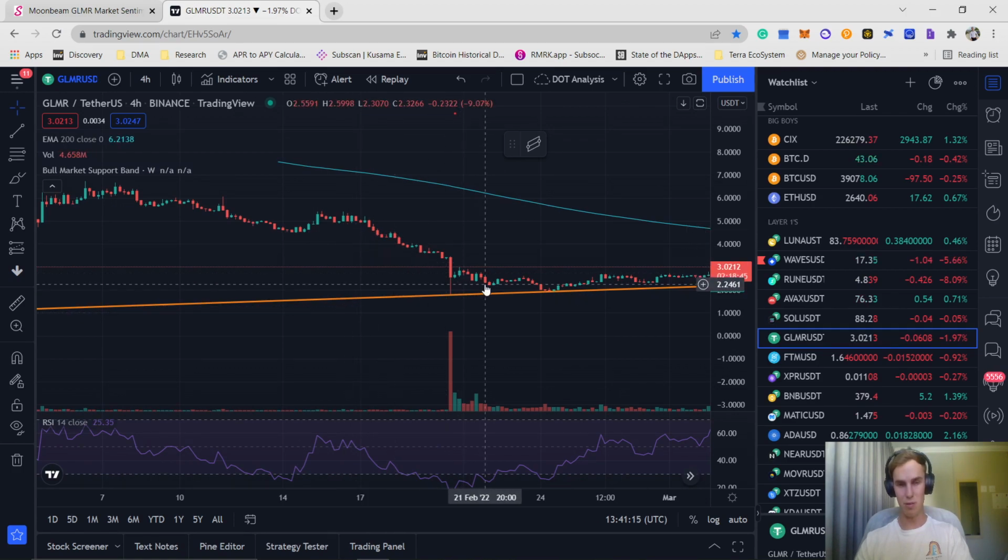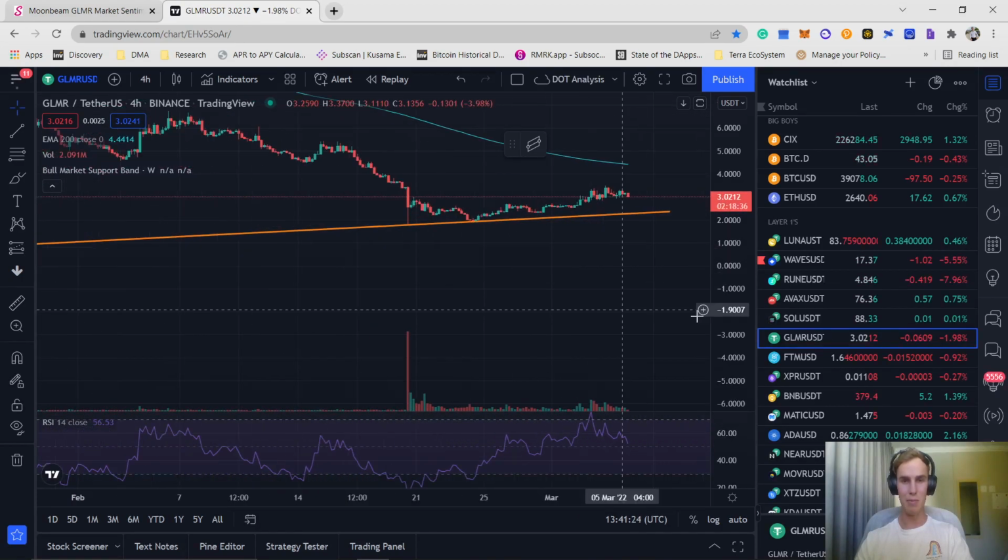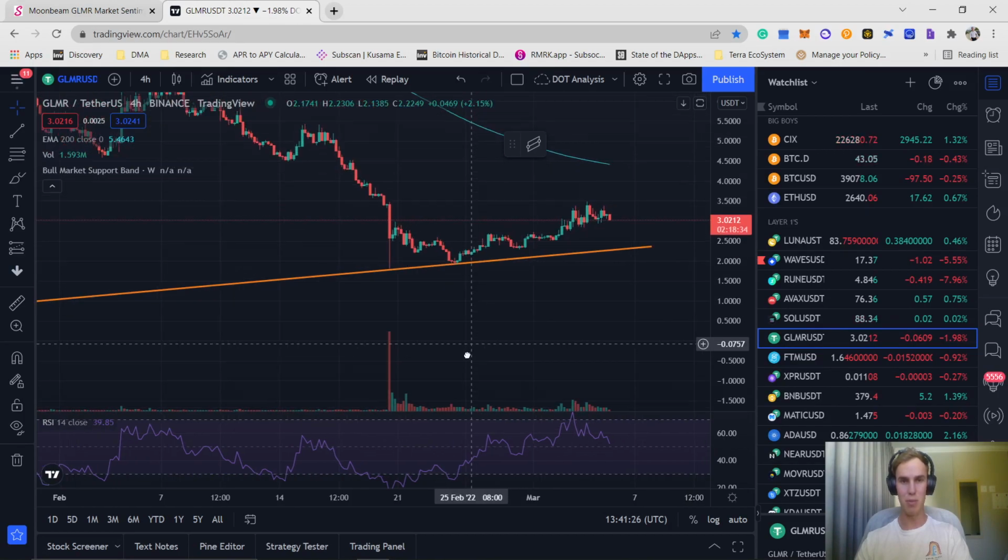So we saw the bleed, we saw a wick down, and then it closed at around $2.60. We saw huge volume, and subsequently that seems to have been the bottom.